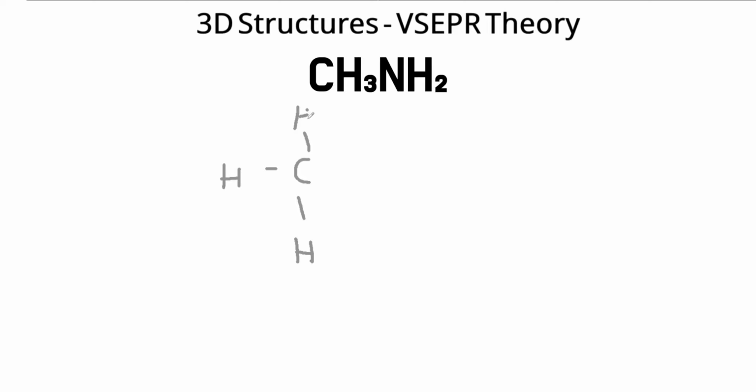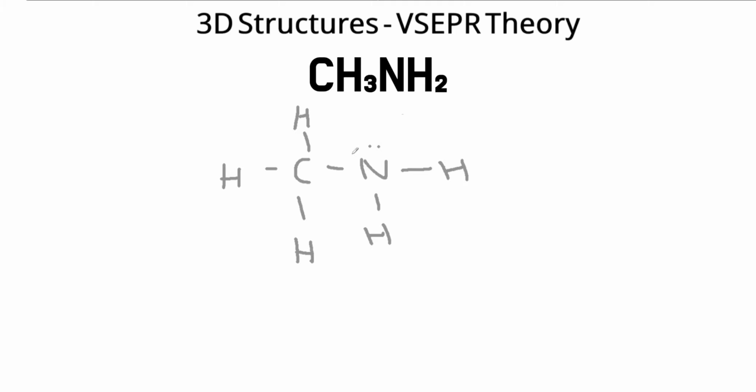Now let's say you have something like a bigger molecule. For molecules with more than one central atom, you take them each individually. So your Lewis structure would be like this. That would be your Lewis structure.